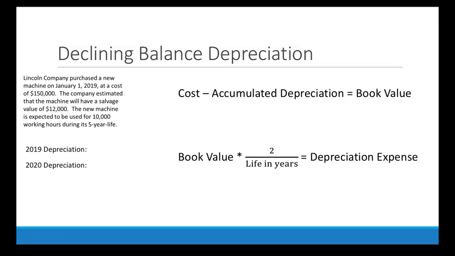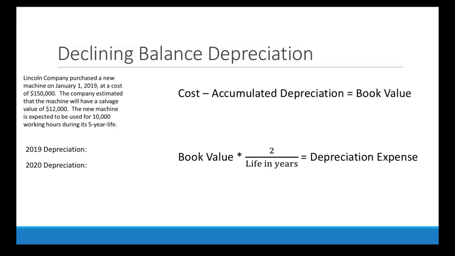So that's step one. And you'll notice that that's different than what we did in step one of the previous two methods. Right here, we don't take cost minus salvage. Here we take cost minus accumulated depreciation. Then once we find that book value, we multiply it by 2 over the life in years.